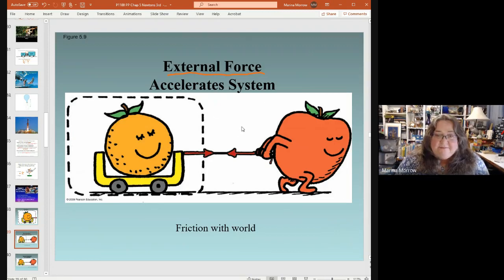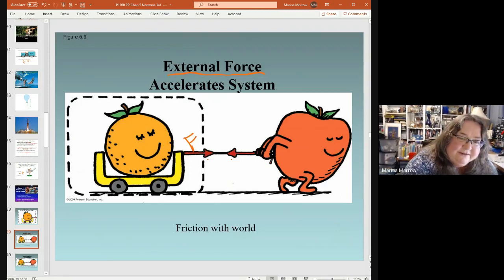And when people look at these arrows, again, they sometimes say, aren't those going to cancel? No, because this is the force of the apple on the orange. This is the force of the orange on the apple.